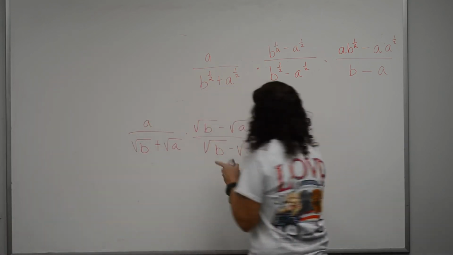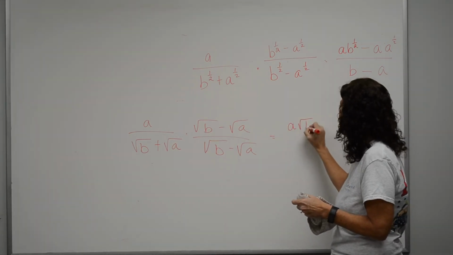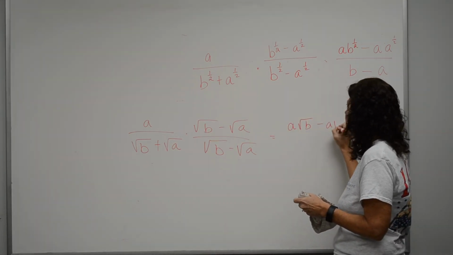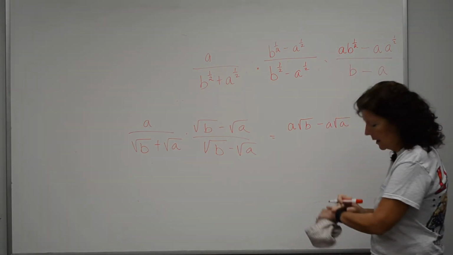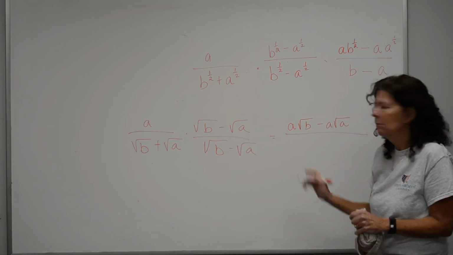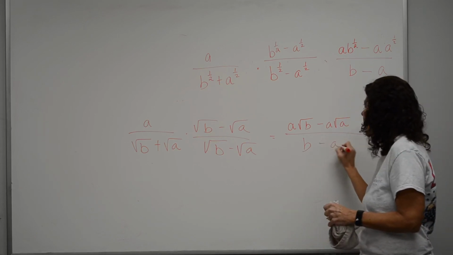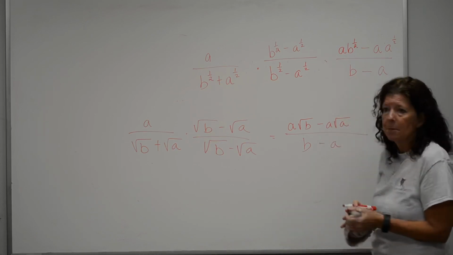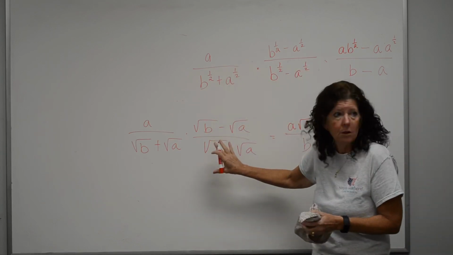Okay, so then distributive property on the top is A times the square root of B minus A times the square root of A. That's exactly what I have. On the bottom, square root of B times the square root of B, B. Square root of A times the square root of A, A. Same thing, I got it there. Okay, if you get stuck, change it.